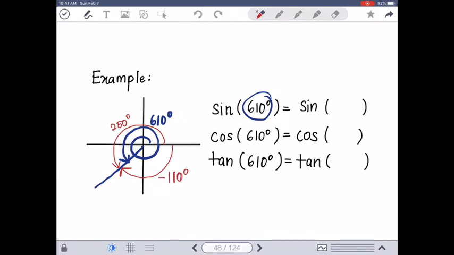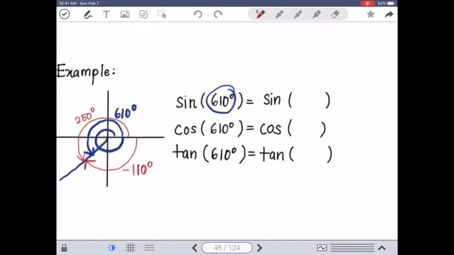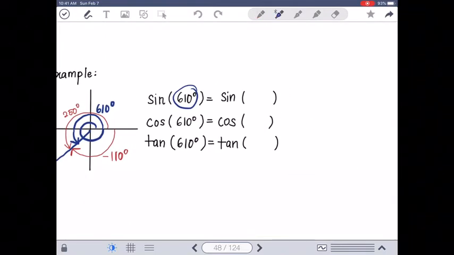So sine 610 degrees, basically we can say this is just equals to sine 250 degrees, which is just equals to sine negative 110 degrees.